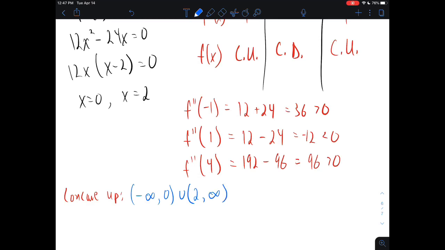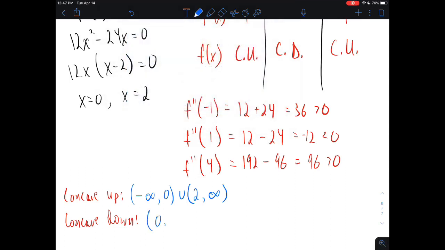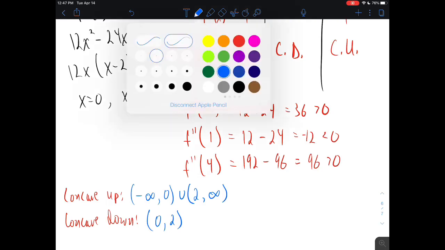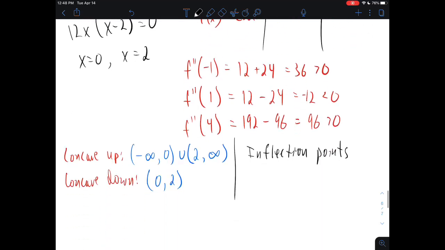And then concave down, that's just from 0 to 2. And then for those inflection points, those happen at x equals 0 and x equal 2.